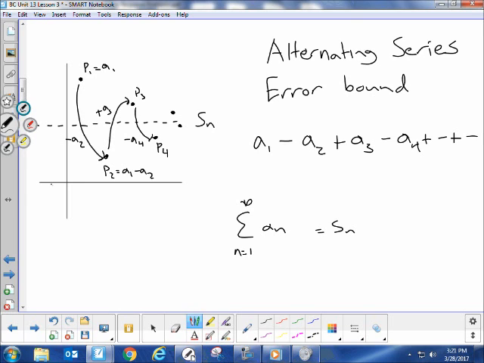Right? So let's say we stopped at P4, and we could say, well, how far away is my sum from my approximation? Well, we could look at it like this. This is my remainder. We knew that it was bounded by however much we added from our previous term to the next term.